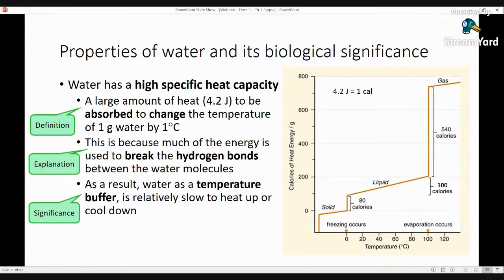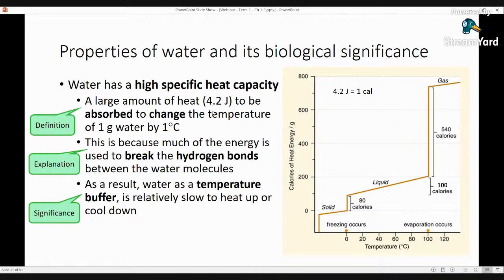You can use kilogram or gram, and the unit is joule or kilojoule. This is the definition. Water has a high specific heat capacity, which means a large amount of heat is required to be absorbed to change 1 gram of water by 1 degree Celsius. The amount of heat is 4.2 joules.